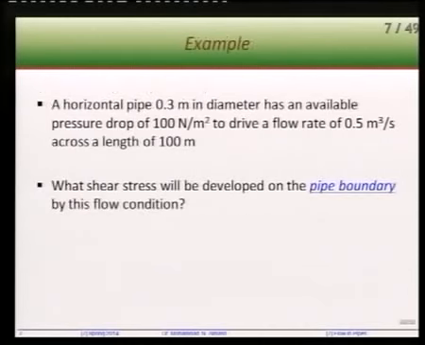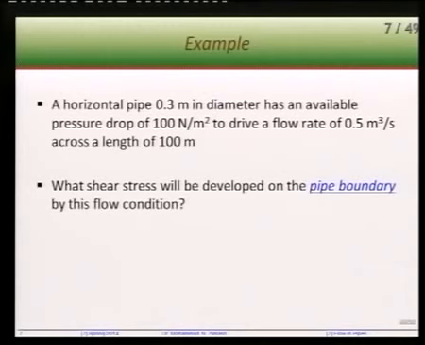Now let's take the following examples, and these are good examples because they try to strengthen the concepts that you came across, and it's a very good entrance to the course itself. A horizontal pipe. So the first thing we need to think of is the word horizontal.